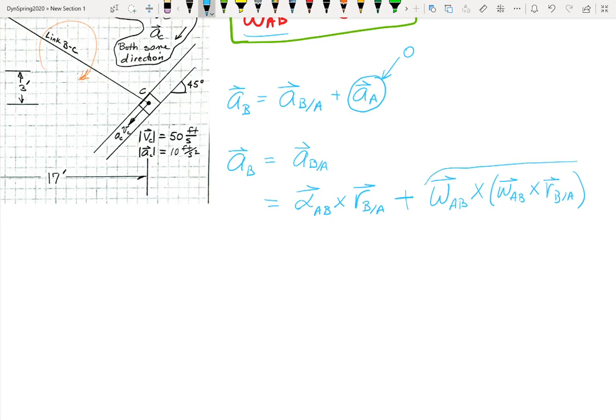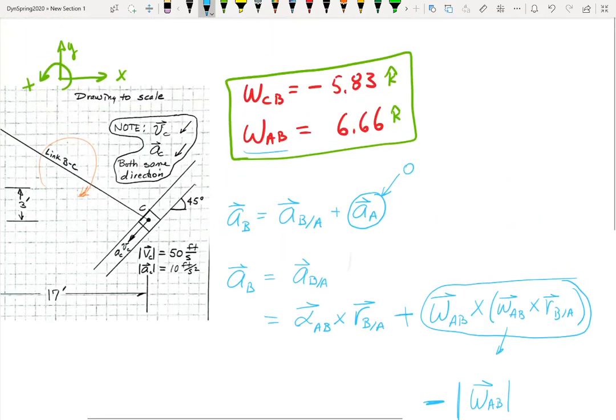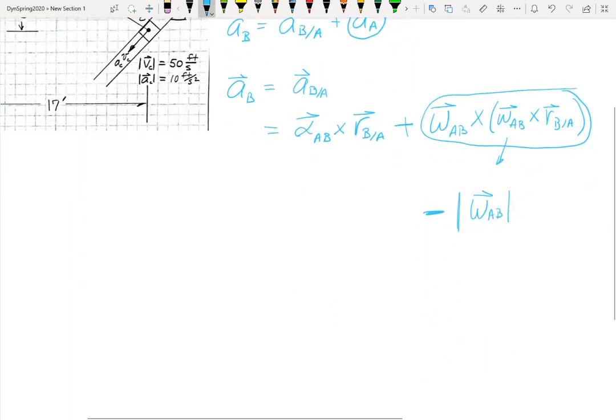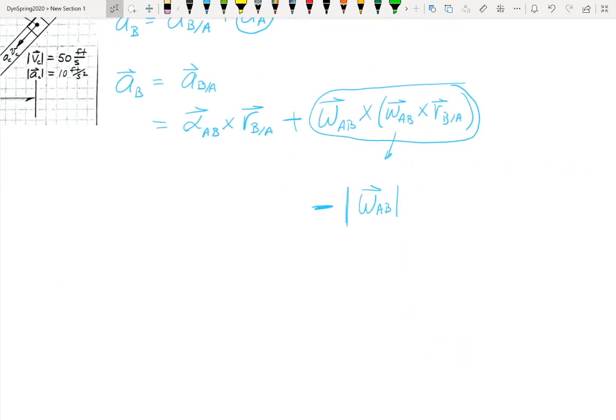This term, if you look real close, can be rewritten as omega, the magnitude of this vector, which is pretty easy to do because all of them are rotating in the z direction. And so you just got a scalar component times R B to A.